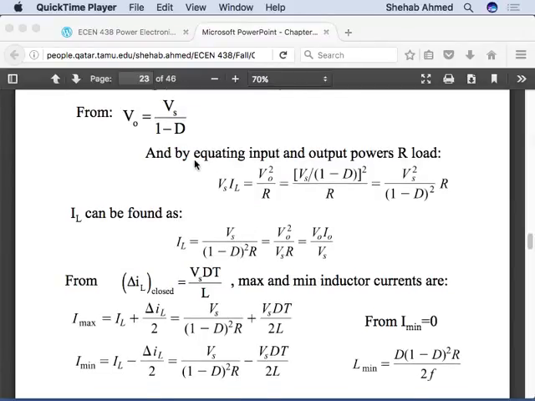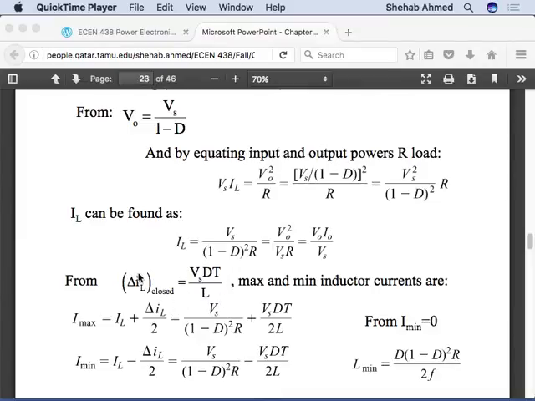The way we will find the inductor size here is the same as before. We first find the minimum, or critical, value of inductance to maintain continuous current. That's the minimum value. Then we will use the equations or the waveforms to calculate the actual value of inductance for a certain delta I, from the delta I equations that we have here.